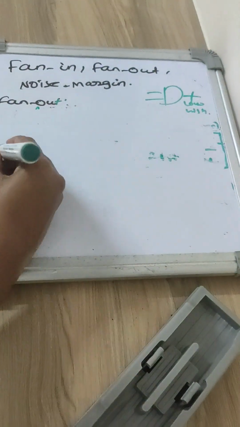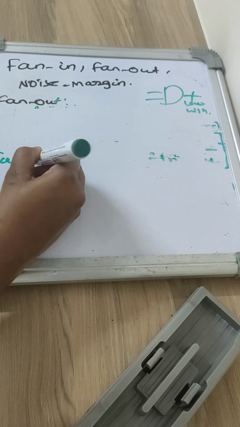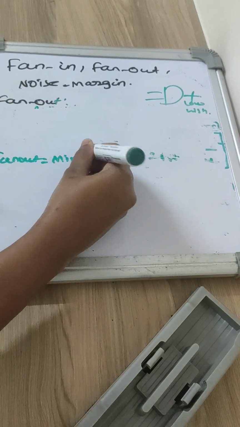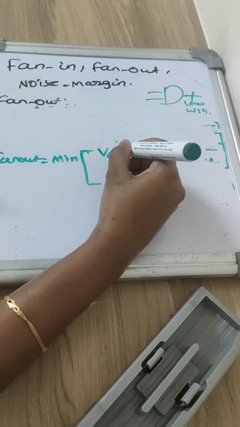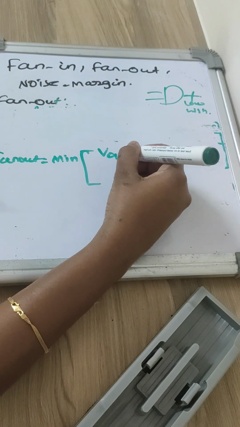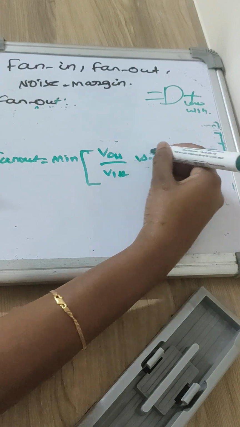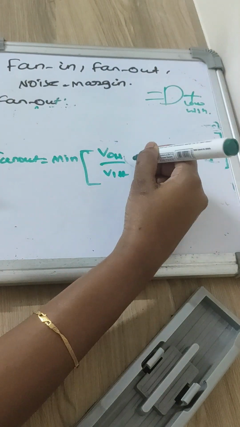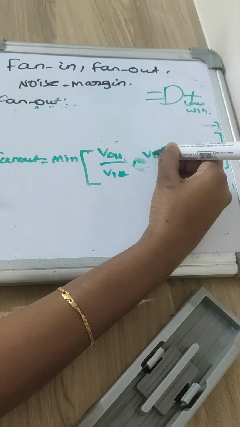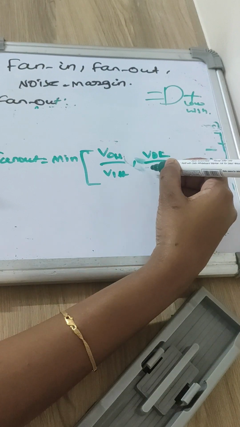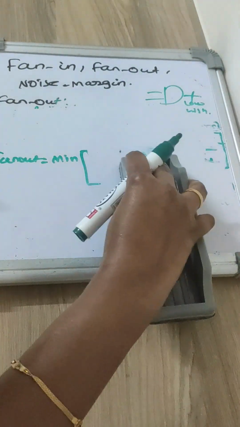So fan out is the minimum of, because if we put max, it won't work for the worst case. Sorry, I'm talking about fan out.